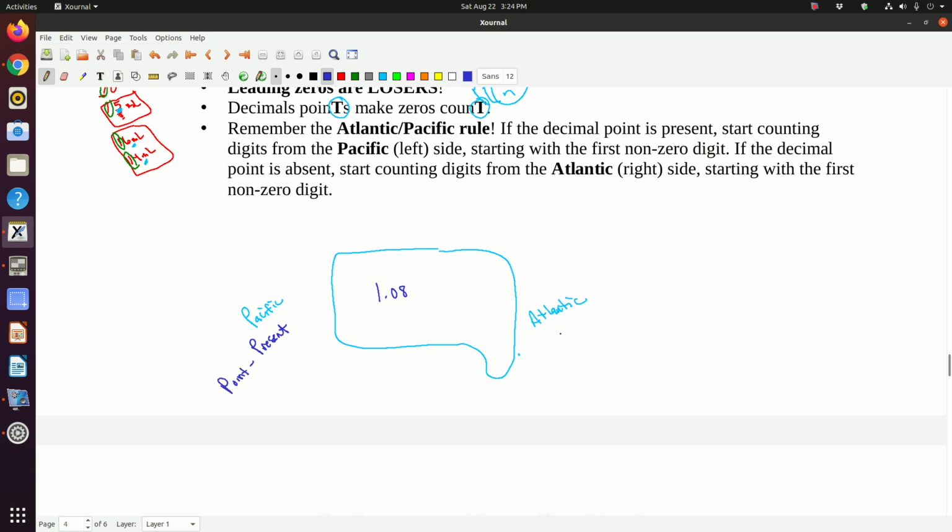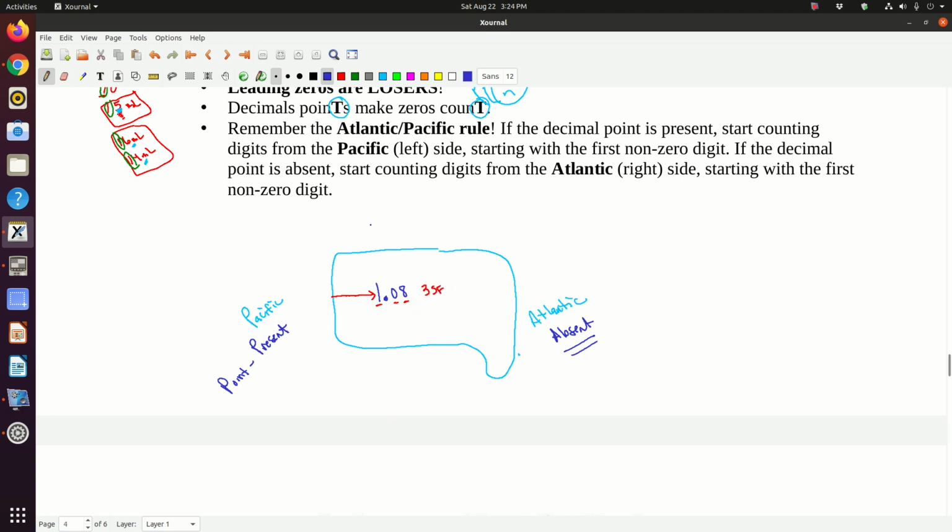For the Atlantic, it's absent. The decimal point is absent. Well, in this case, the decimal point is present. You can see it. So when it's present, you're going to come in from the Pacific. So you come in from the left. The first time you hit a non-zero number, you start counting significant digits. So this has 1, 2, 3 significant digits. Easy breezy. 3 sig figs.